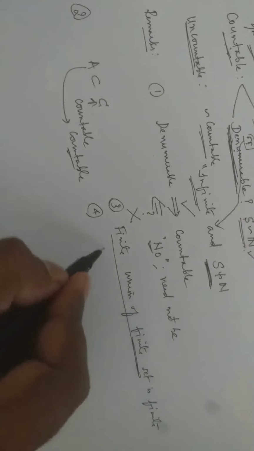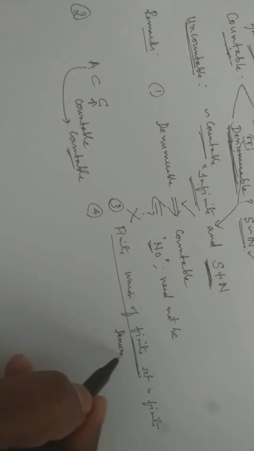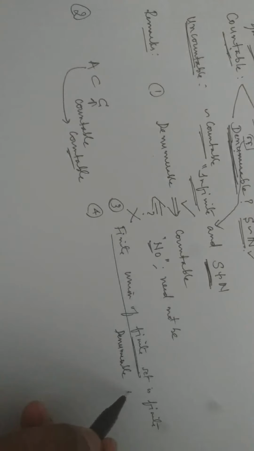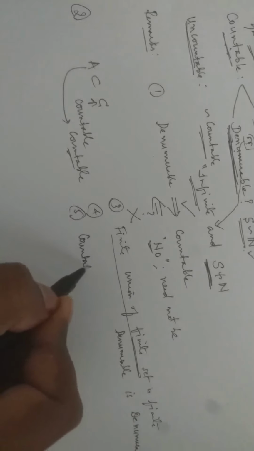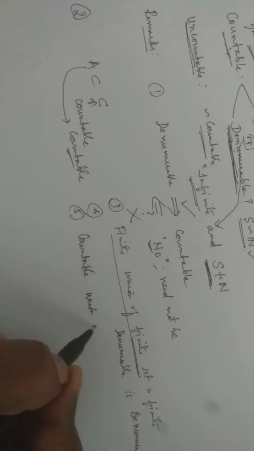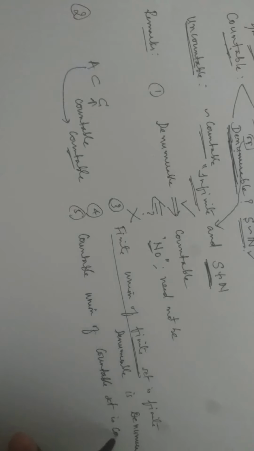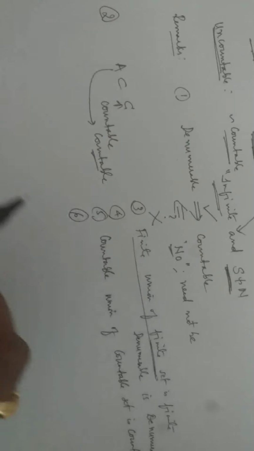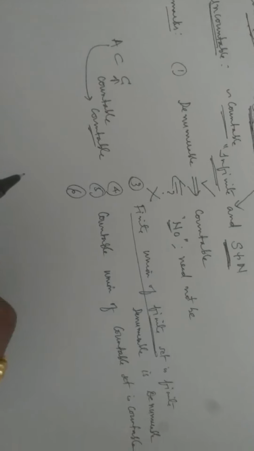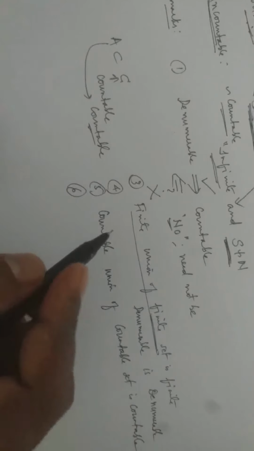Then finite union of denumerable sets is denumerable. In fact, countable union of countable sets is countable. So these and all are the standard results which we are going to use. No need to construct the proof, just try to remember what all the facts are.